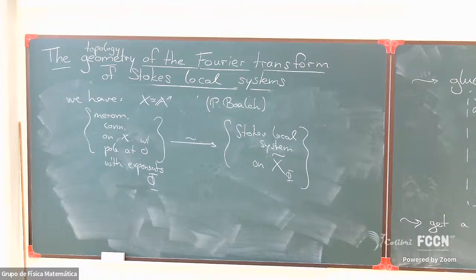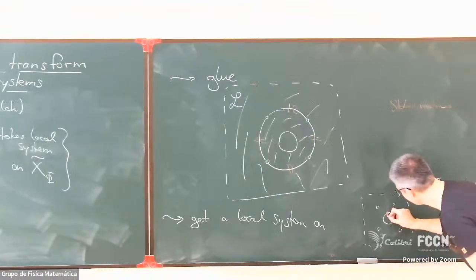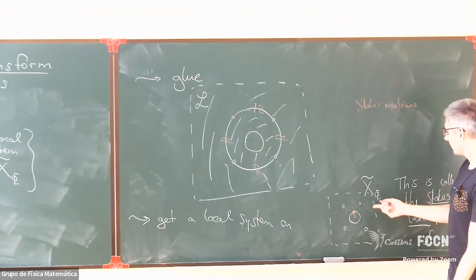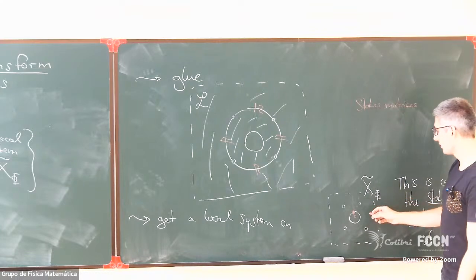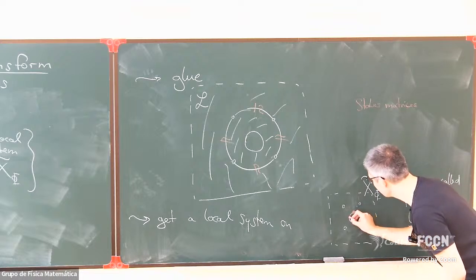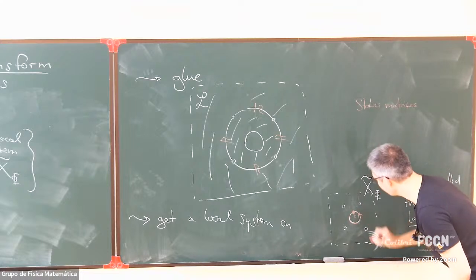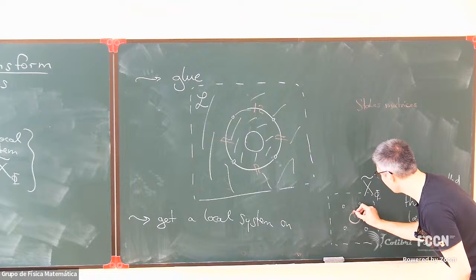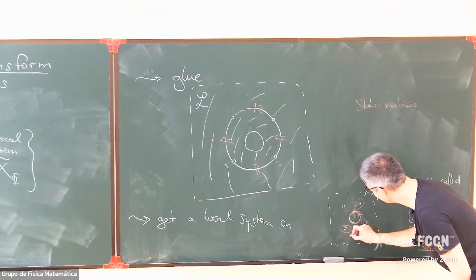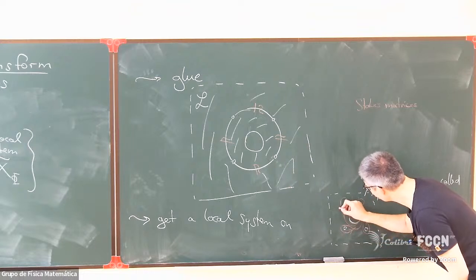And so, if I choose a base point here, then a local system is a representation of the fundamental group. So I need a basis of the fundamental group, which consists of one loop around here, one loop around here, one loop around here, one loop around here, and one loop around here.